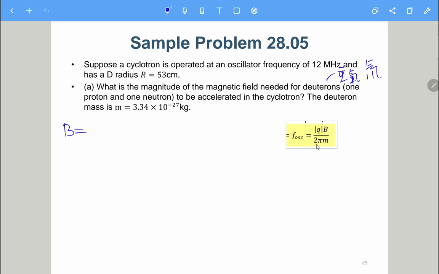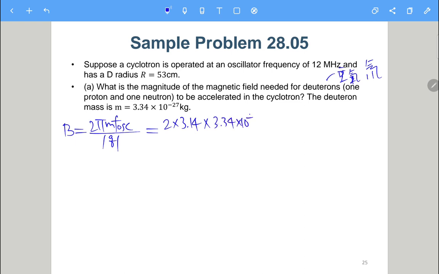So we can have B equals 2 pi m times F oscillator over Q. Now we can plug in the values: 2 times 3.15 times the mass, 3.34 times 10 to the minus 27, times F oscillator, 12 megahertz, which is 12 times 10 to the 6th power, all over Q, which is 1.6 times 10 to the minus 19, because it has one proton, one neutron, so one elementary charge.